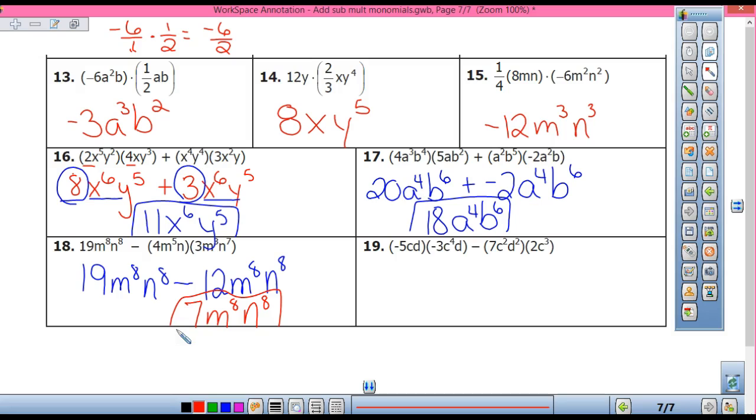All right, Jaden, number 19. Ooh, careful. There you go, 15. C to the fifth, d squared, good. Isaac, when I take 7 times 2, I've got, yep, 14, c to the, good, yep, d, good.